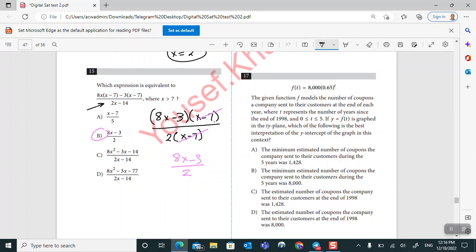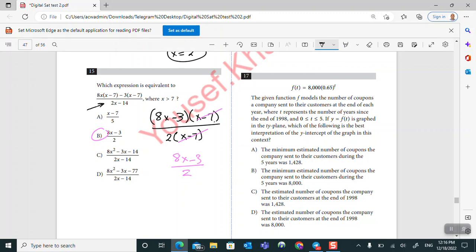The given function f models the number of coupons a company sent to their customers at the end of each year, where t represents the number of years since the end of 1998, and t is between 0 and 5. If y is equal to f of t is graphed in the ty plane, which of the following is the best interpretation of the y-intercept of the graph in this context? When we have such a thing, think of what the y-intercept could be.